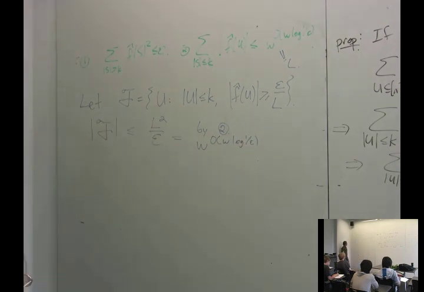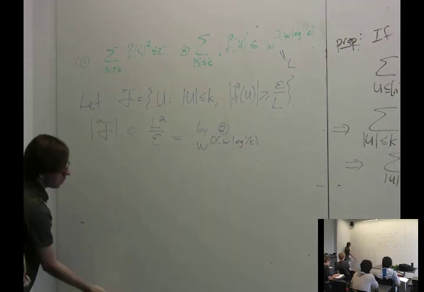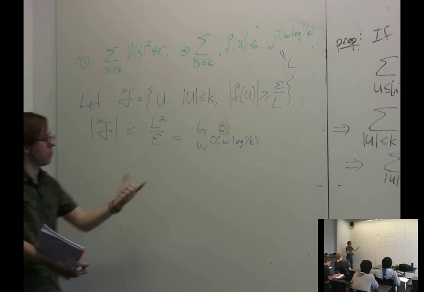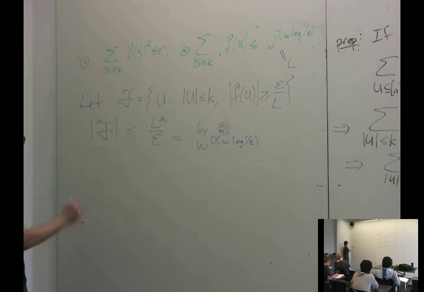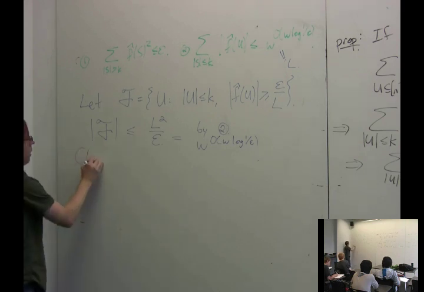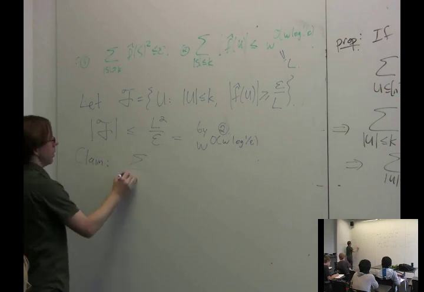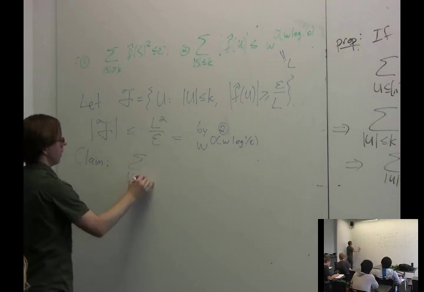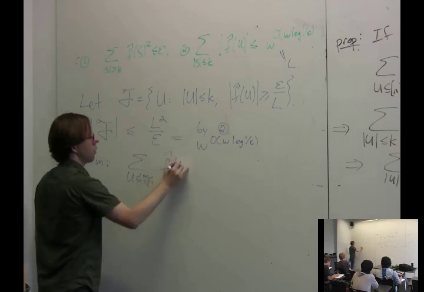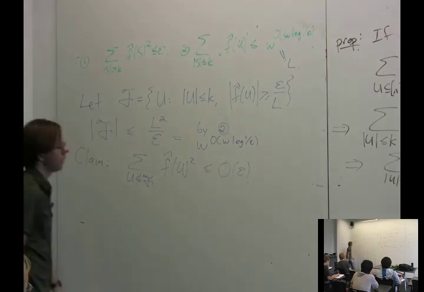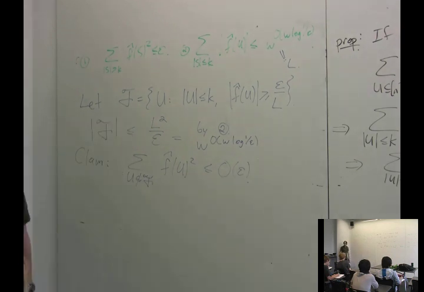So the last thing I need to show, and I hopefully can do it in this much space, is that indeed f is epsilon concentrated on this collection of coefficients. Okay, and that will prove Mansour's theorem. The sum over U not in script F of f hat U squared is at most order epsilon. Can you lose the factor of 1 over epsilon, or you chose to ignore it?